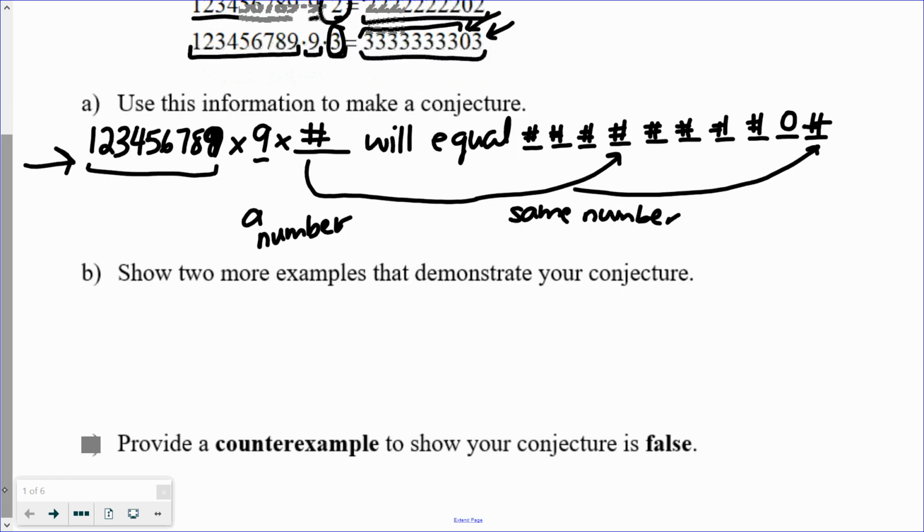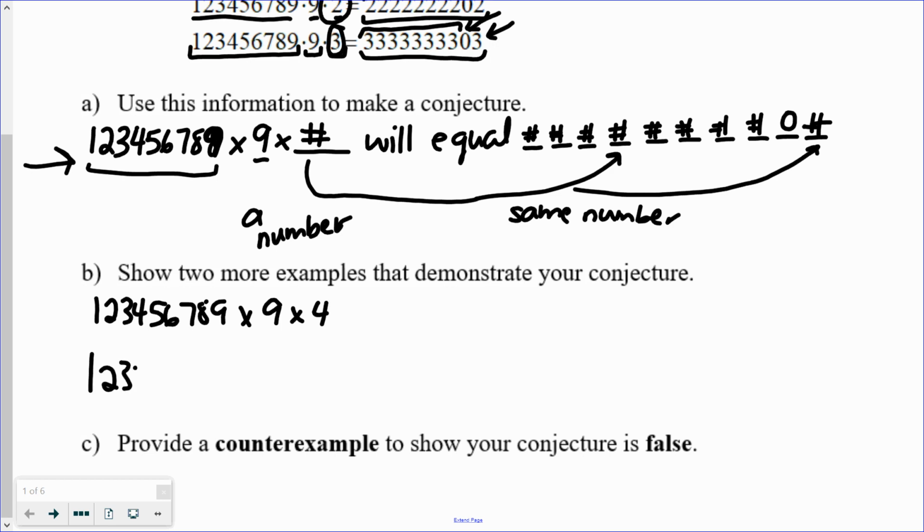It says to show 2 more examples that demonstrate your conjecture. The one thing is, don't just write what you think should be happening. Make sure that it actually does it. So I'm going to try 1, 2, 3, 4, 5, 6, 7, 8, 9 times 9 times 4, and 1, 2, 3, 4, 5, 6, 7, 8, 9 times 9 times 5. Punch both of those into your calculator separately and see what you get.